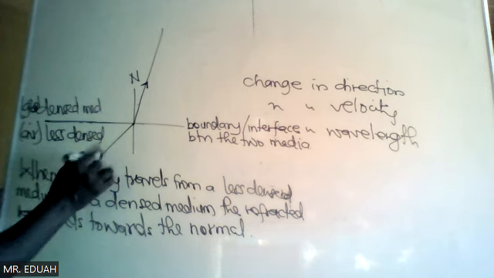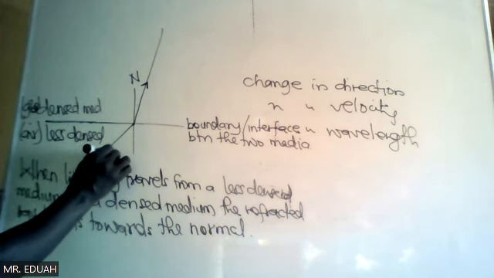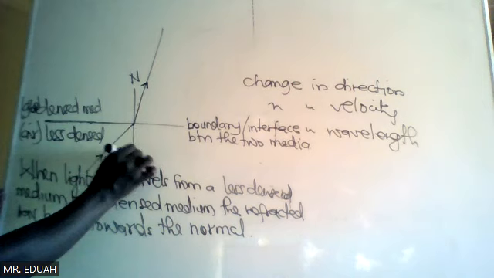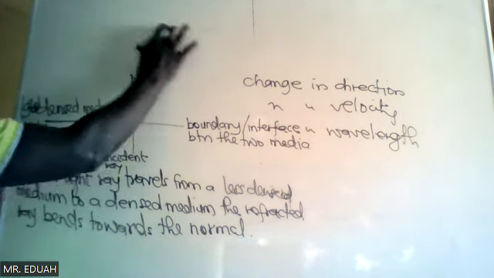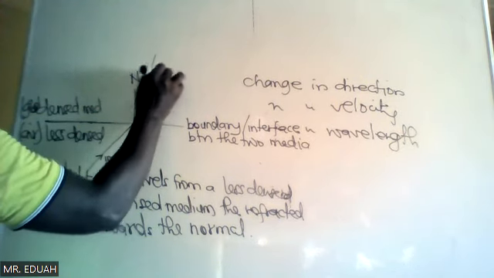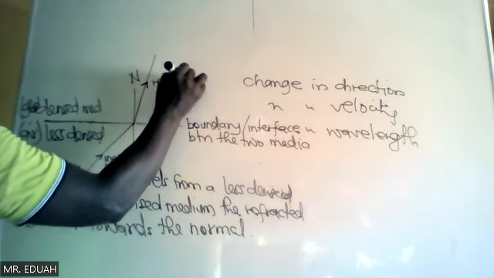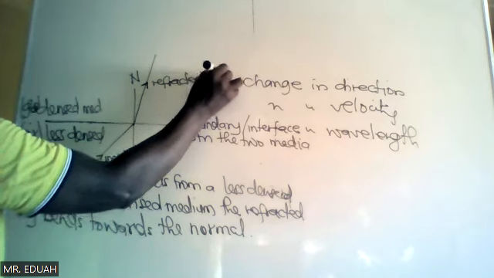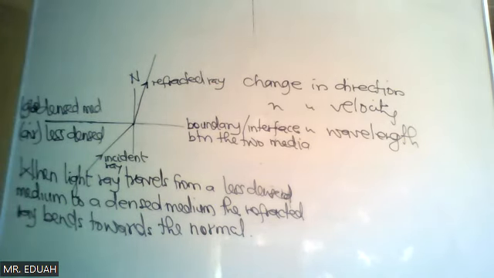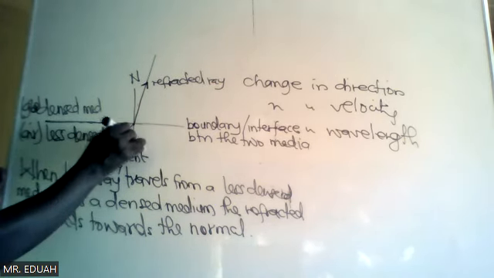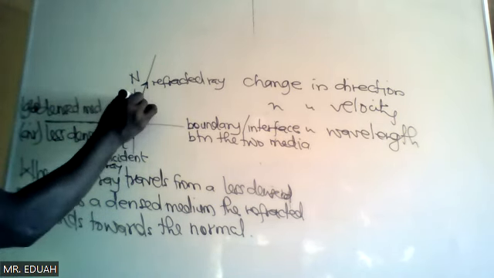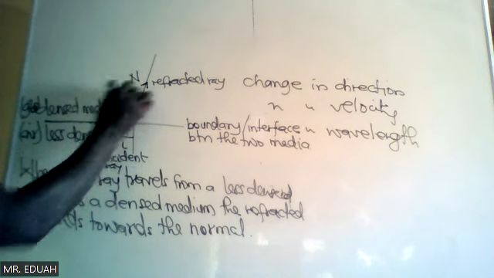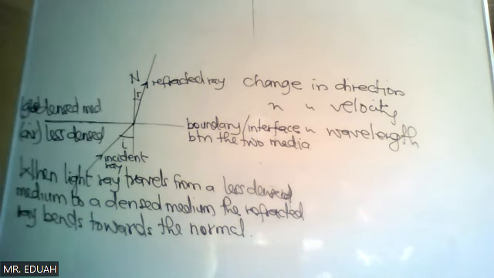So over here, this becomes the incident ray, and this is the refracted ray. This angle becomes the angle of incidence, I, and this small angle becomes the angle of refraction, small r.